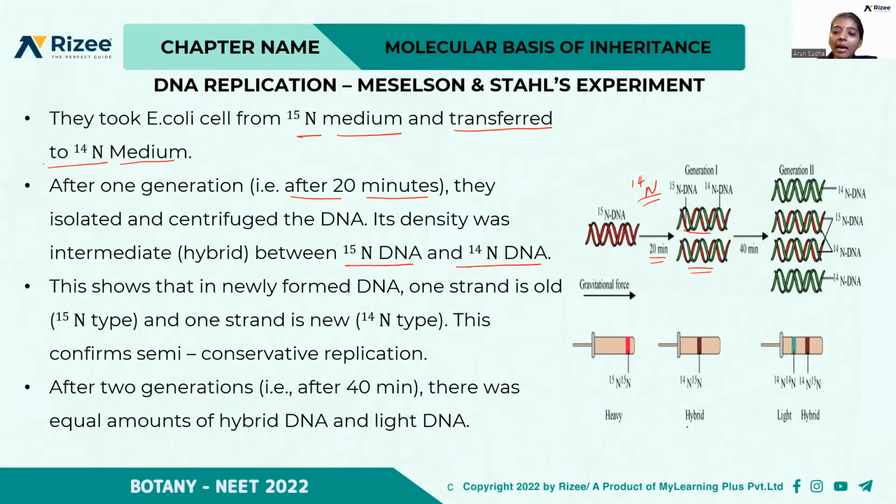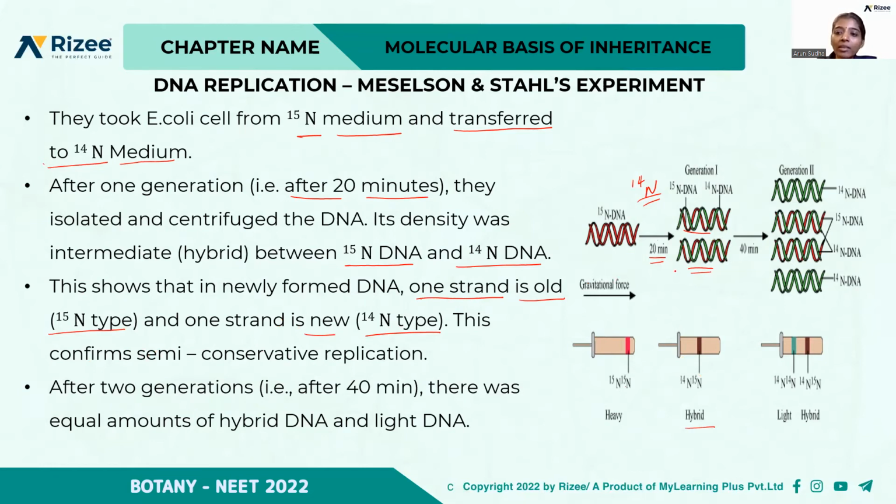So this is a hybrid, one is N15, the other one is N14. This shows that in newly formed DNA, one strand is old, that is N15 type. The other one is new, that is N14 type, which confirms the semi-conservative replication.